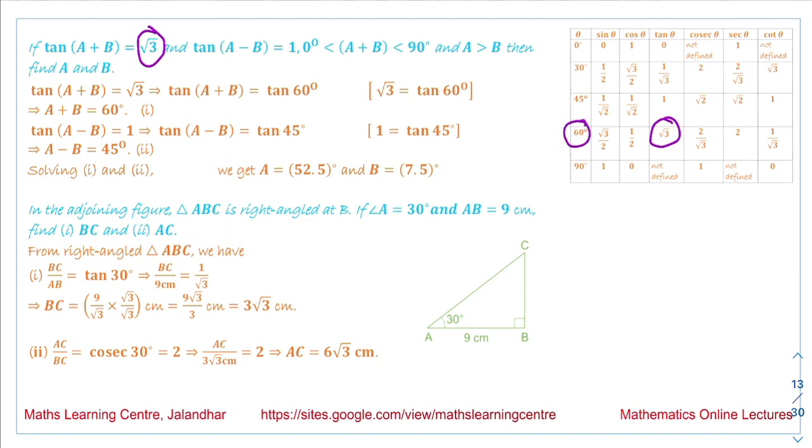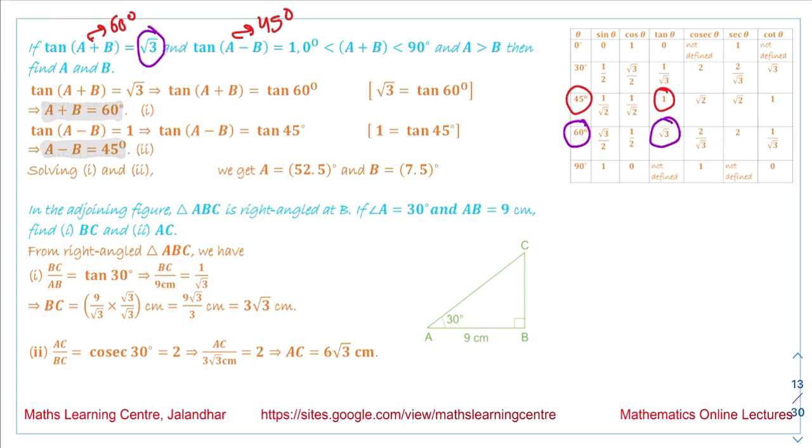When we say tan(A − B) is 1, it means tan should be 1, which is for 45 degrees. So we get A + B is 60 degrees and A − B is 45 degrees.